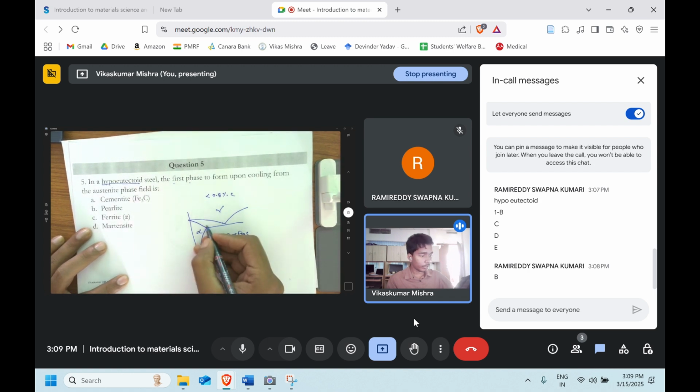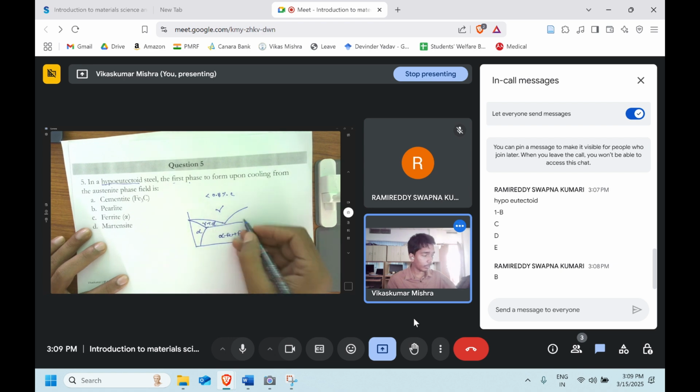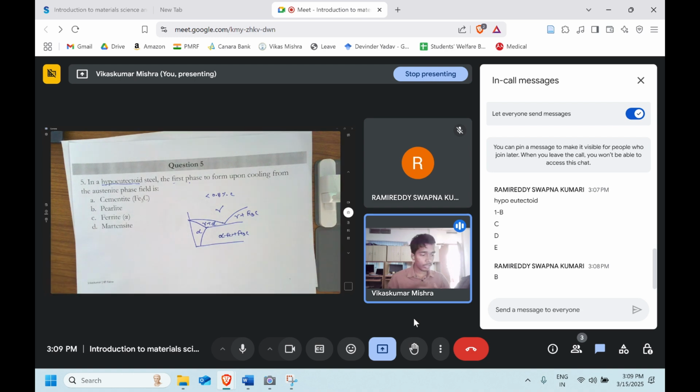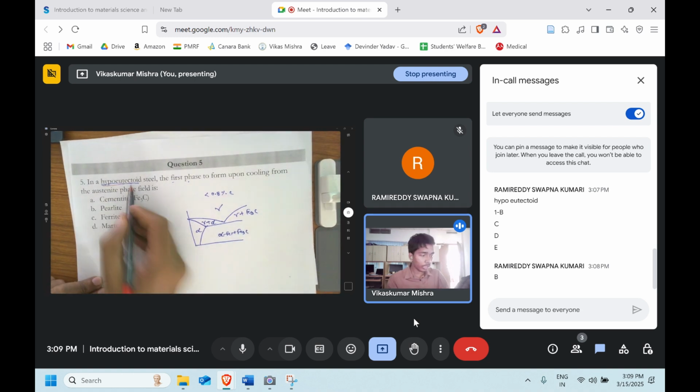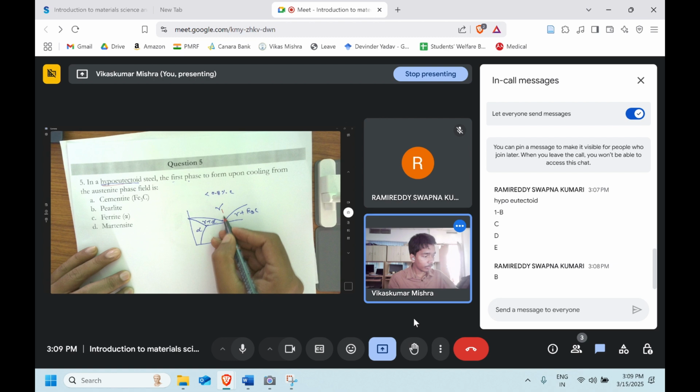In between them, it will be gamma, that is austenite plus ferrite. Here it will be austenite plus cementite. Now we are talking about the hypoeutectoid steel, so we are in this particular region.